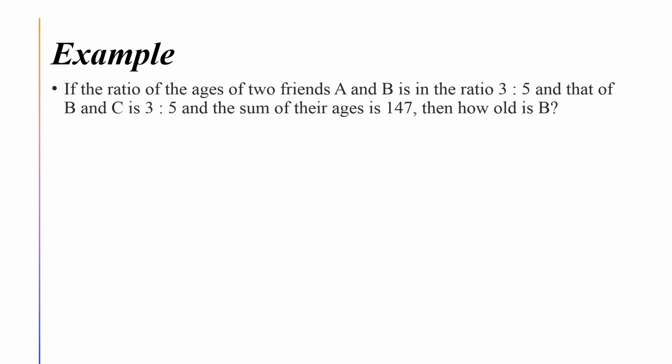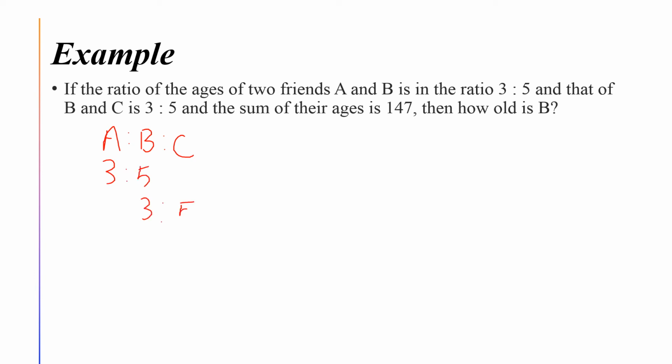Here they are given the ratio of the three friends' ages and the sum of their ages, and asked to find the age of B. First we have to find the ratio of the ages of the three persons, that is A is to B is to C. The ratio of A is to B is 3 is to 5 and the ratio of B is to C is also 3 is to 5.